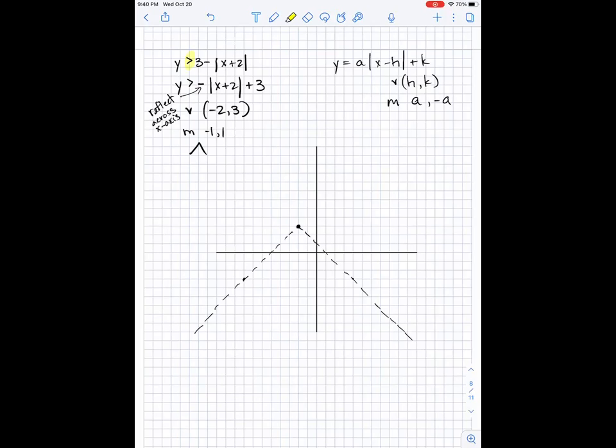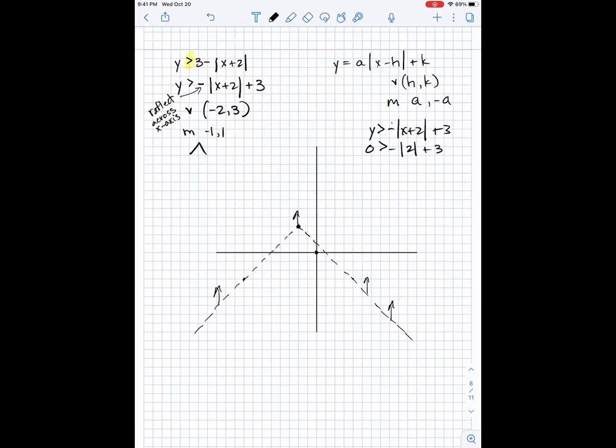Again, I can look at this logically and I can see that it's asking for y's that are above my graph. But I can always test 0, 0 is not on the border. So I can test 0, 0. If I start with y is greater than negative absolute value of x plus 2, plus 3, I get 0 is greater than negative absolute value of 2 plus 3.